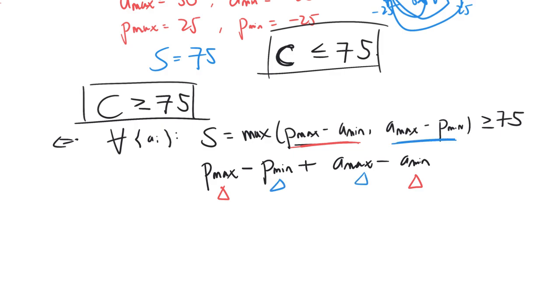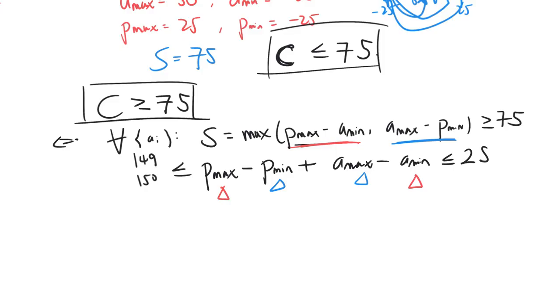Both of these are less than or equal to S because S is their maximum. So this is less than or equal to 2S. And because they're integers, if we can show that this is at least 149 or 150, then we're basically done. We have shown this and hence this.